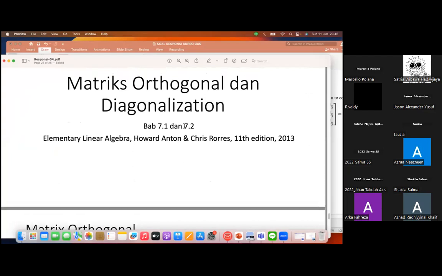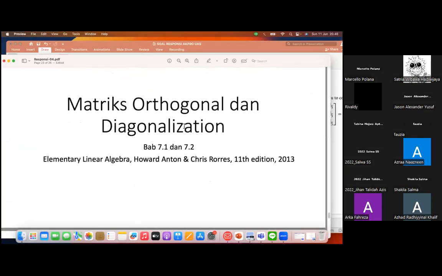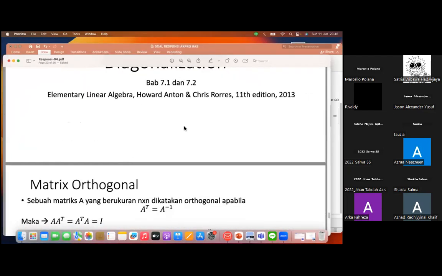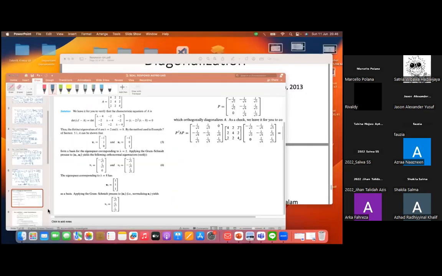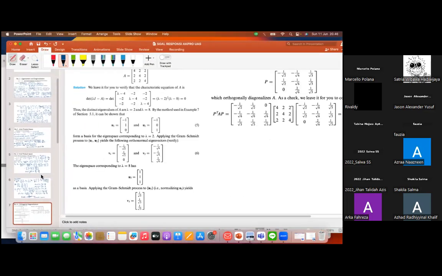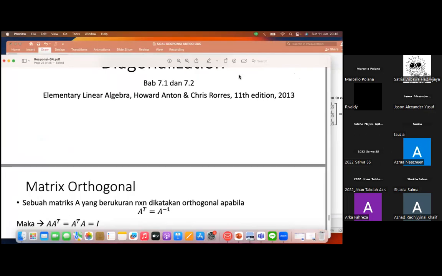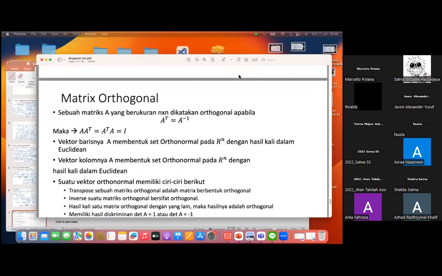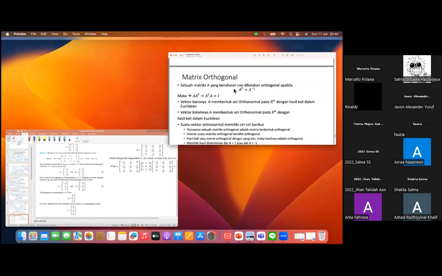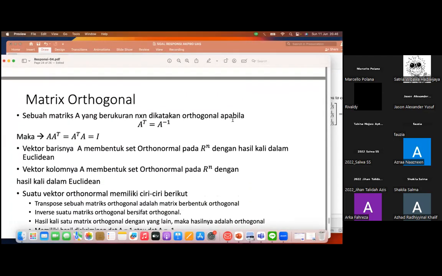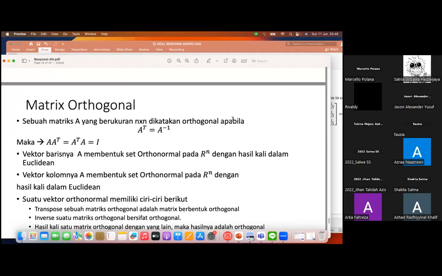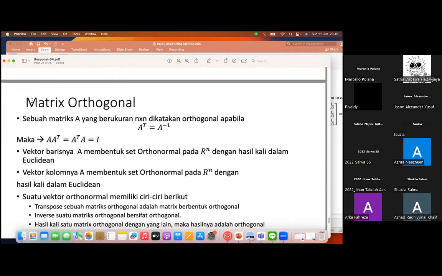Next, we move on to orthogonal matrices and then the diagonalization process. Basically, a matrix is considered orthogonal if it has this property.